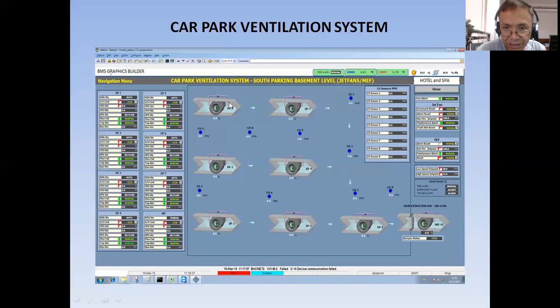So jet fans 2, 7, 4, and 6 will run at high speed so that they push the CO concentration out of the area.